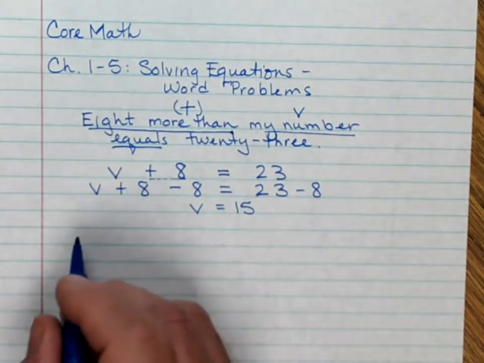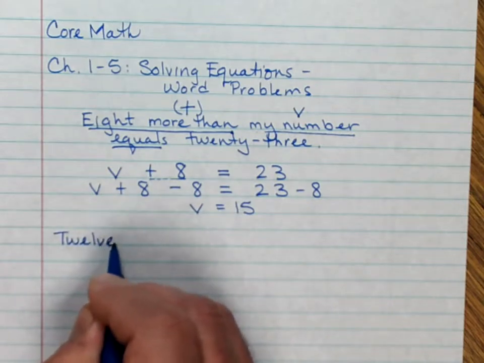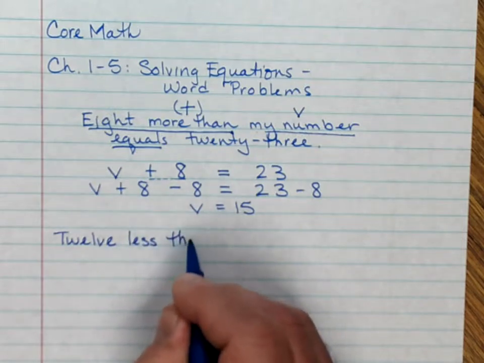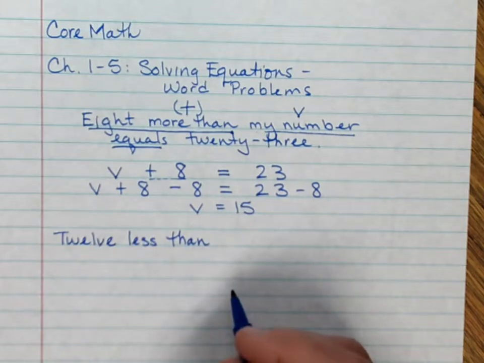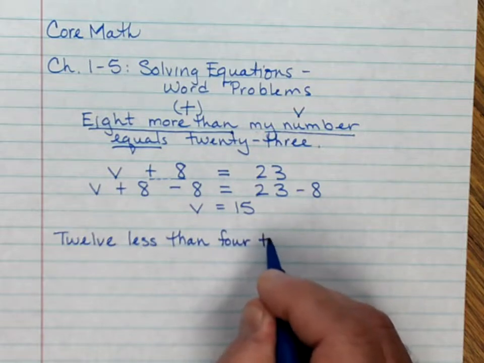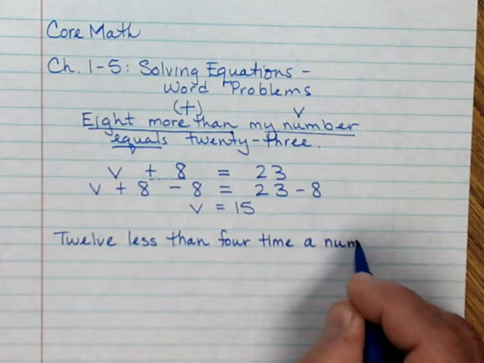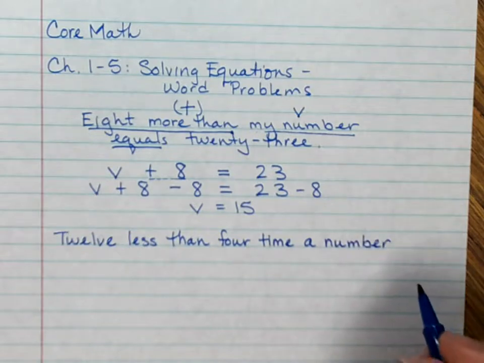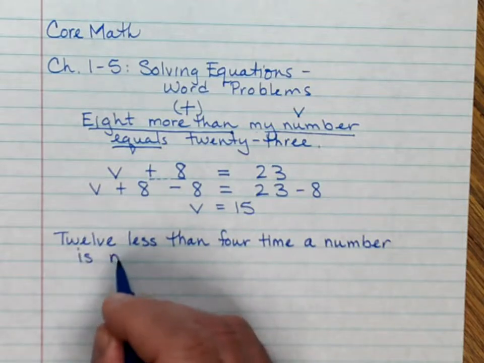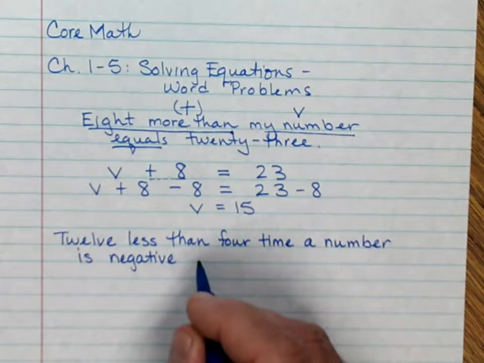Alright, let's try another one. 12 less than 4 times a number is negative 4.